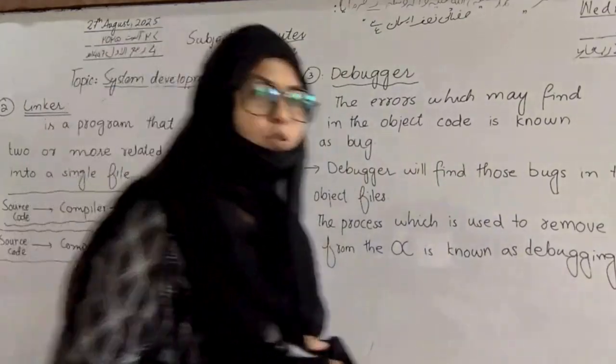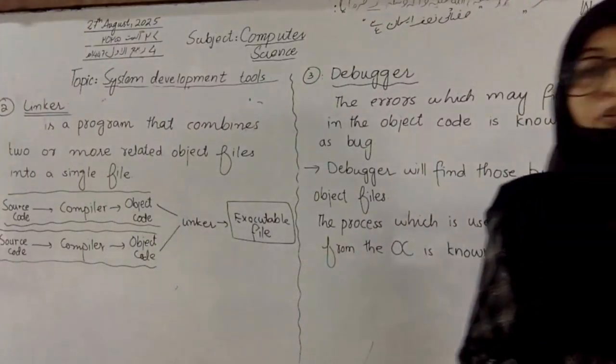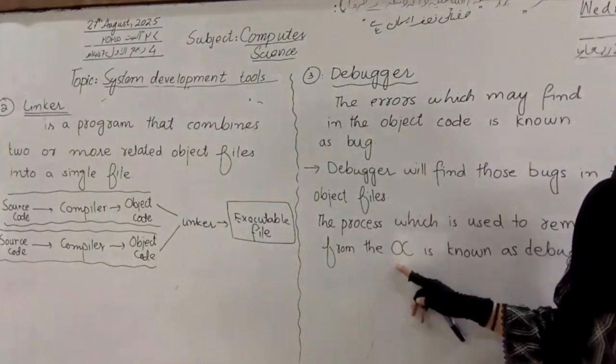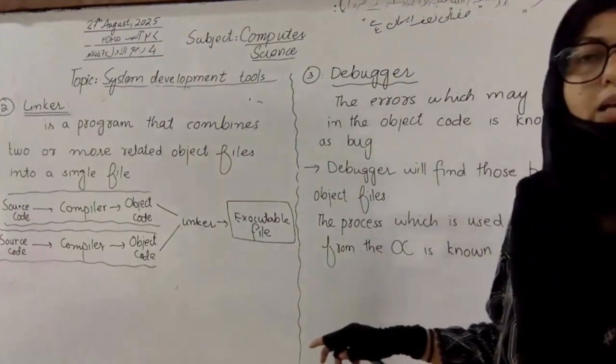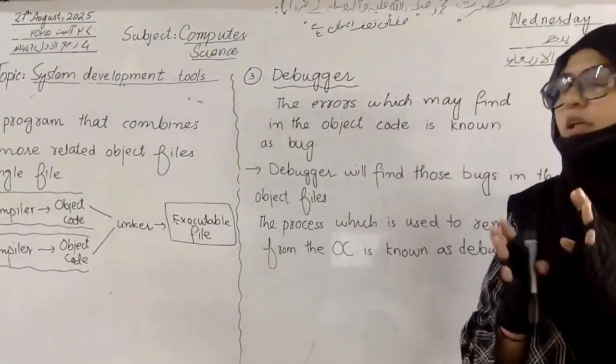The process which is used to remove those bugs from the object code, this OC meaning object code, is known as debugging, and debugging is going to be done with the help of the debugger.